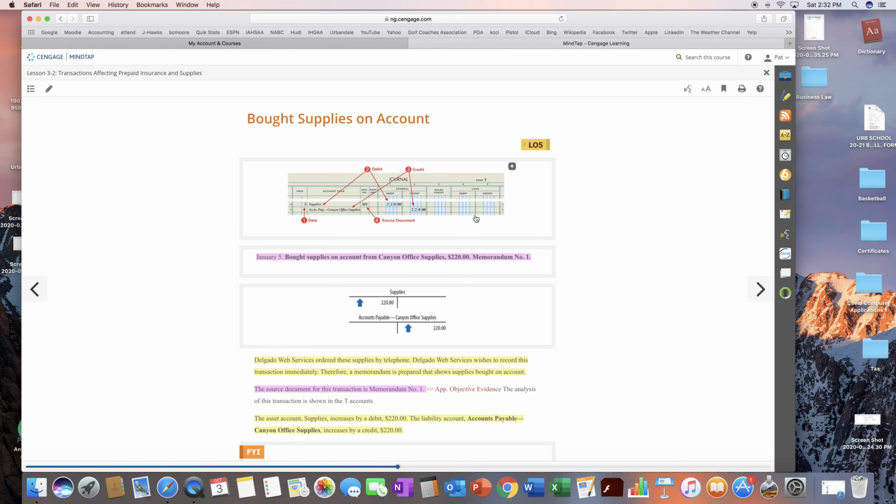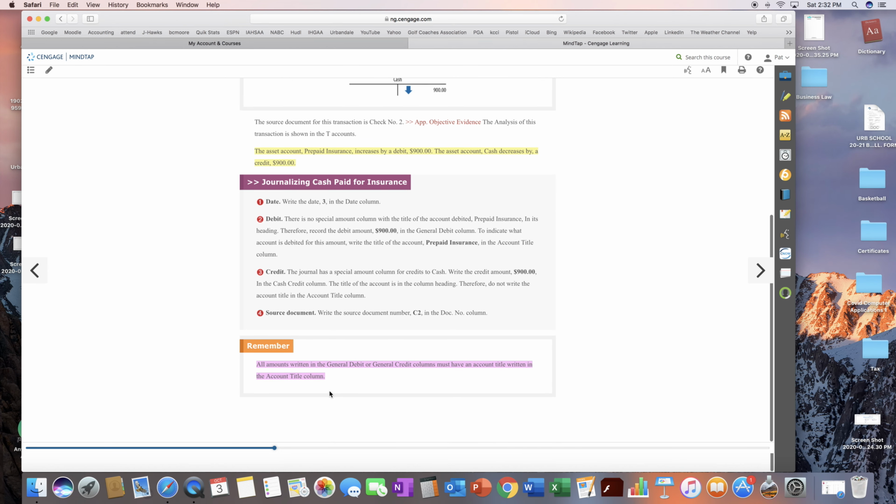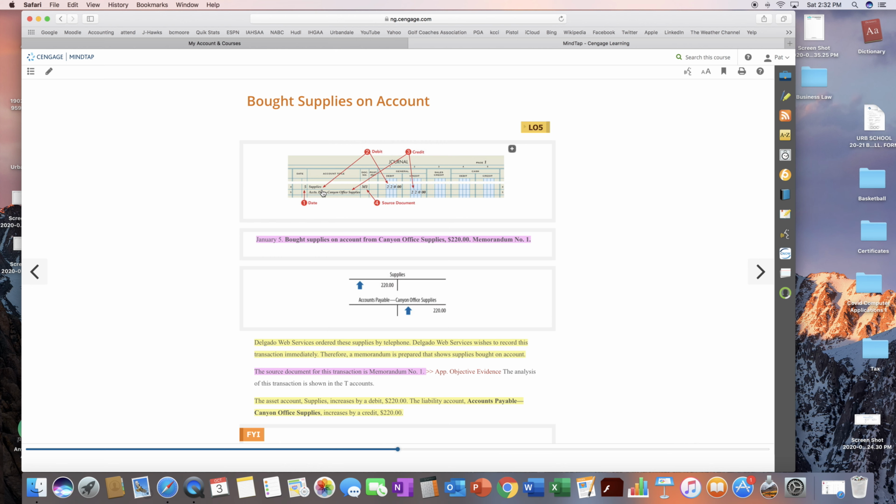So since we didn't use the special amount columns, if you remember what we just said down here, all amounts written in the general debit or credit columns must have an account title written in here. So if both amounts are going to be in the general, either debit or credit, we need to have an account title for each debit and credit. That's why we have 2 lines for this transaction.